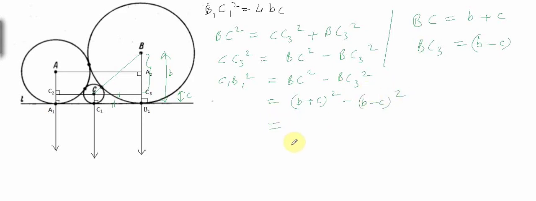Again we notice that B square and C square will get cancelled, and you will have 2BC minus 2BC, that is to say 4BC. B1 C1 square is 4BC. So one more part is over. Moving on to the next part.